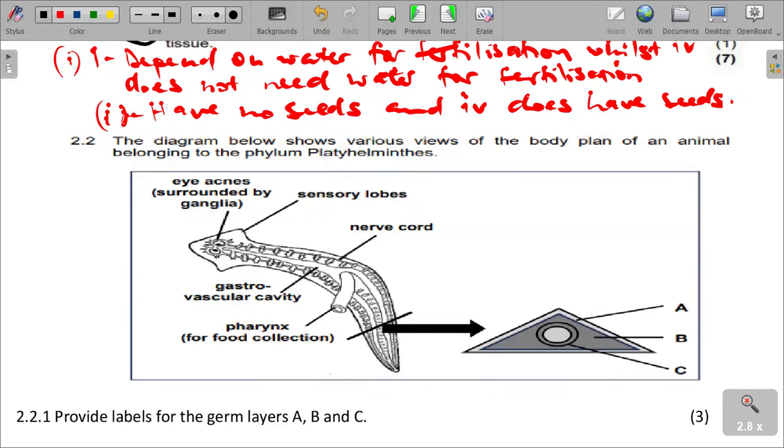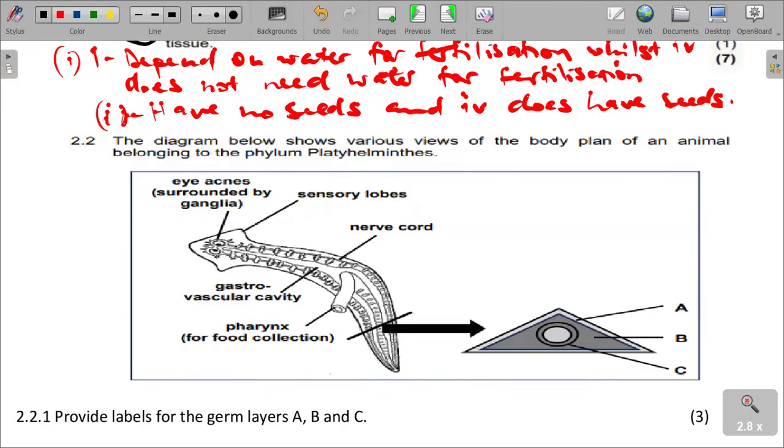showing various views of the body plan of an animal belonging to the phylum Platyhelminthes. So now what we need to understand is that when we are talking about this type of animals, these include flatworms, such as the tapeworms and the liver flukes.